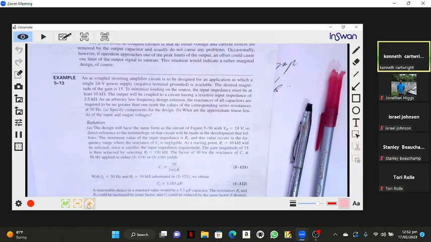The desired magnitude of the gain is 15, but the gain is really negative 15 because it's an inverting amplifier. To minimize loading on the source, the input impedance must be at least 10 kilo ohms. The output will be coupled to a circuit having resistive input impedance of 2.5 kilo ohms. That's telling us what the load is. That's RO, 2.5 kilo ohms.